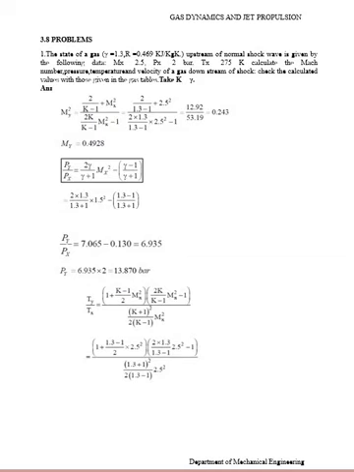Here, the formula for My square equals 2 divided by k minus 1, plus Mx square, divided by 2k divided by k minus 1 Mx square minus 1. So we get My equal to 0.4928. This is the Mach number after the normal shock. We know the pressure ratio equation: Py divided by Px equals 2 gamma divided by gamma plus 1 Mx square minus gamma minus 1 divided by gamma plus 1.